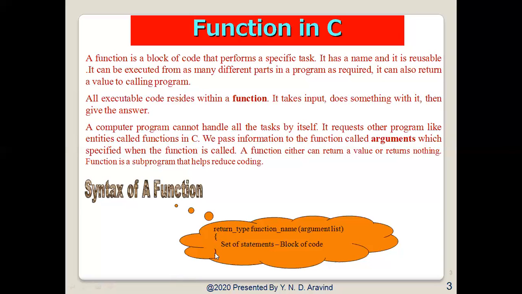The body of the function is a combination of declarations and executable statements. These statements describe the actions to be performed by the function. The body of the function definition is also called a block of code or set of statements.